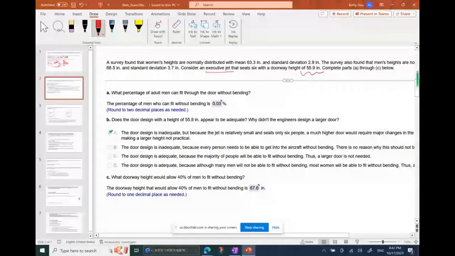A, what percentage? So we know we're going to do normal CDF. Of adult men can fit through the door without bending. Okay, so we are looking for the percentage of adult men who fit through the door without bending. That means we are looking for the probability that a randomly selected man has a height less than 55.9.